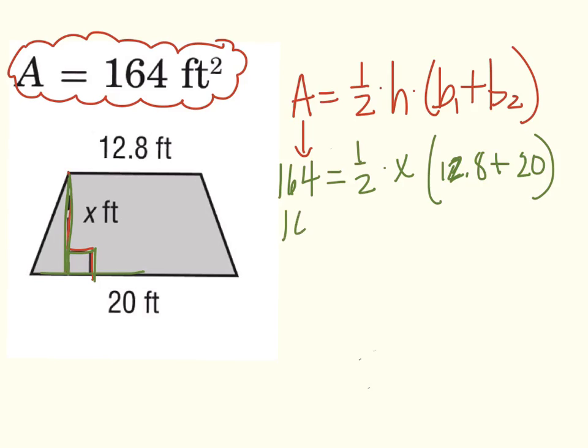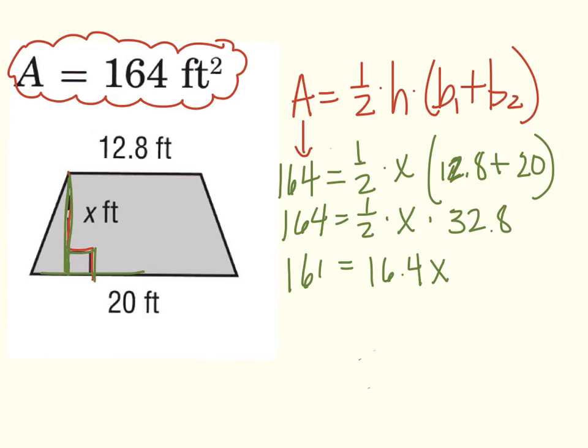So I have 164 equals 1/2 times x times 32.8. Now I can go ahead and take half of 32.8 and I get 16.4, but I still have my x. 16.4 times x equals 164. And when I divide 164 by 16.4, I should come up with x equals 10. And that's my height, and that's what they wanted me to find.